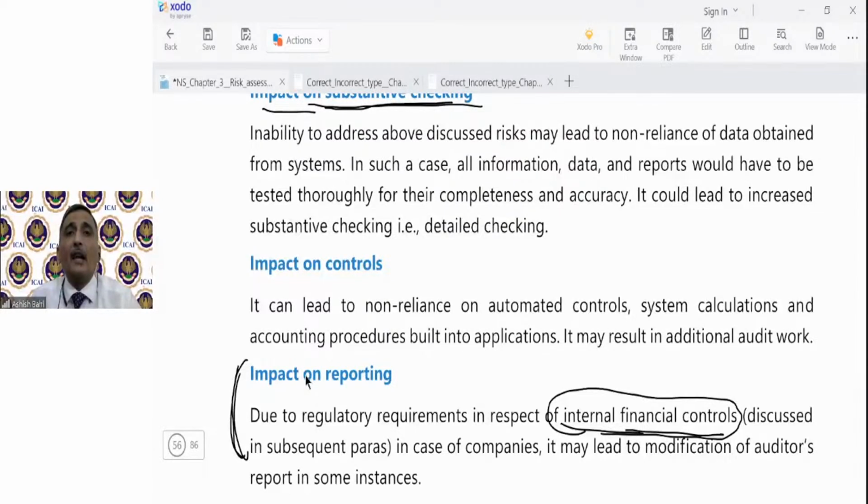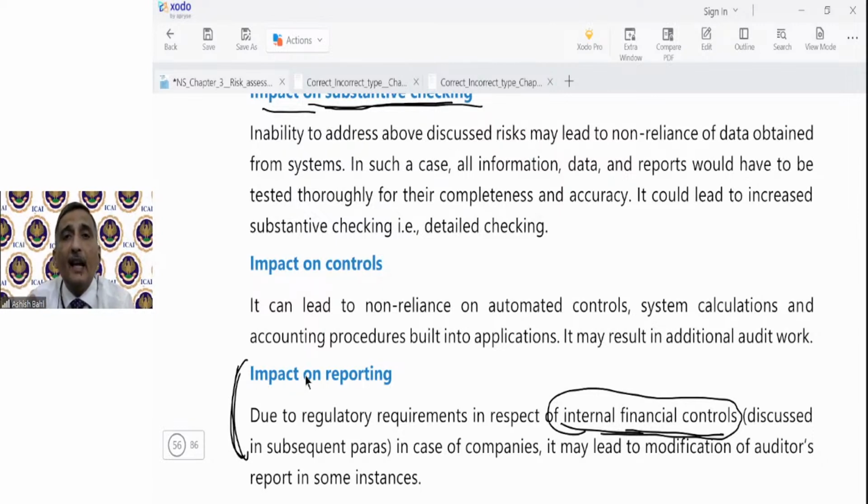Okay, so if the internal controls are not operating effectively, then it may have an impact on the auditor's report, because the auditor has to report on internal financial controls under the Companies Act.